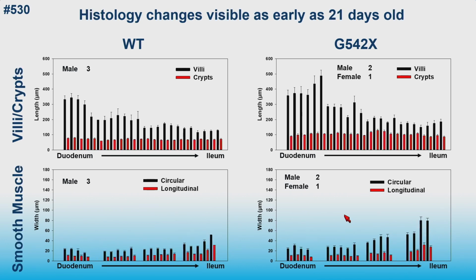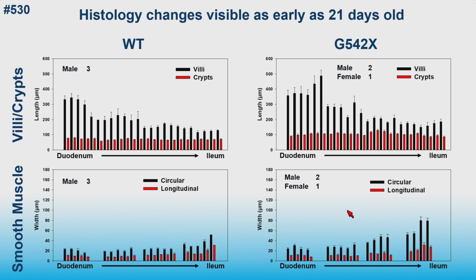These changes, both in crypt height and muscle layer increase, were present as early as 21 days old. These mice came from a mother that was fed the protective diet as soon as conception was observed. And you can see that both the crypts as well as the smooth muscle layers are increased in the CF mice.